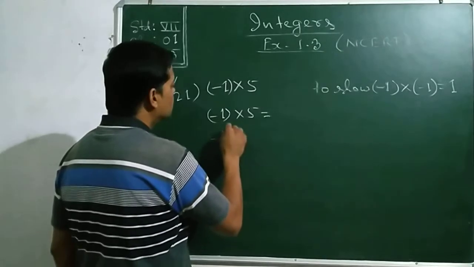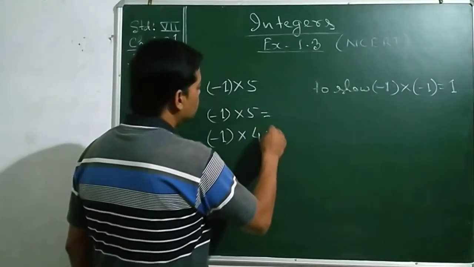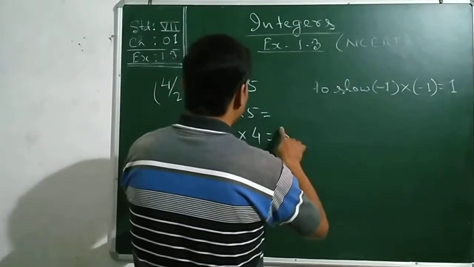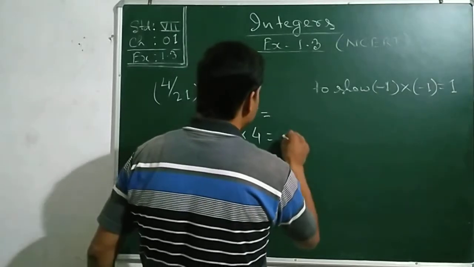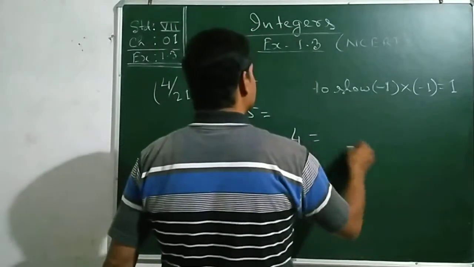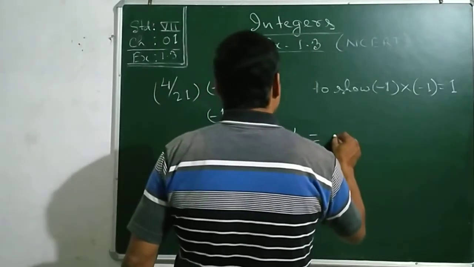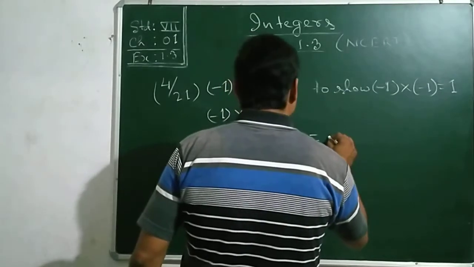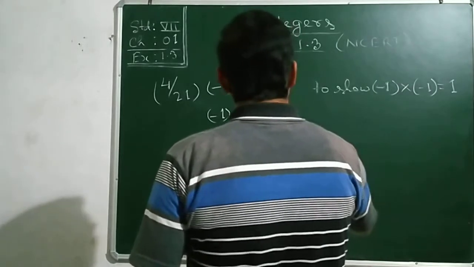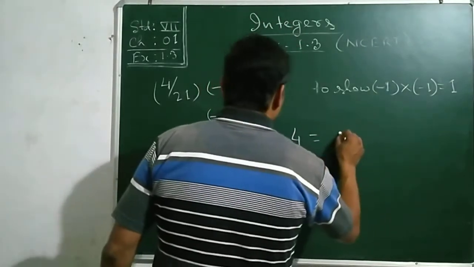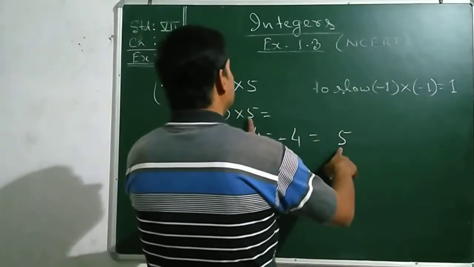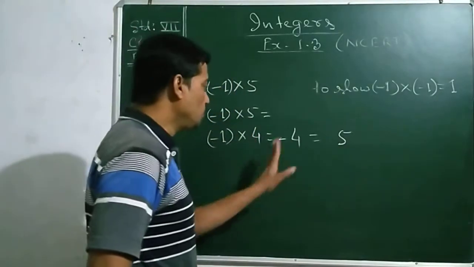Minus 1 into 4 equals minus 4, and minus 4 is the difference of 5 and 1, you will get 4.